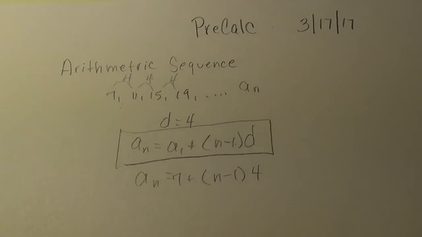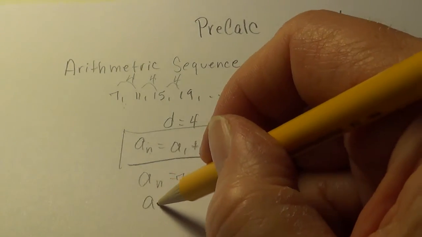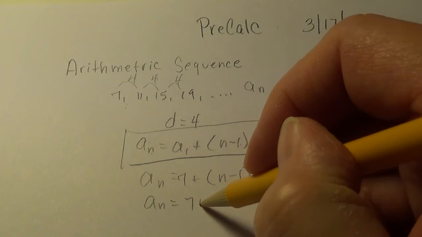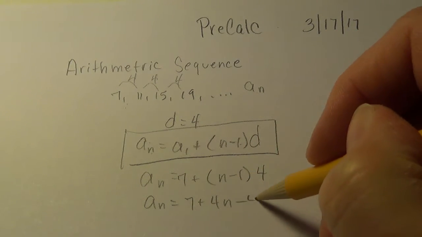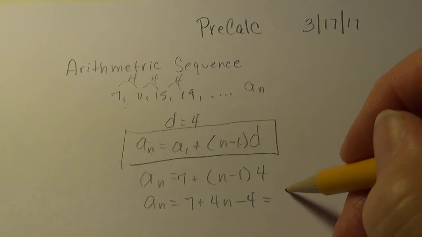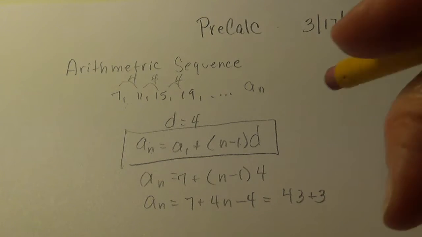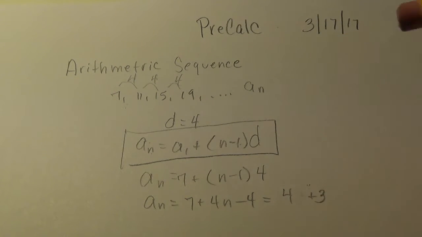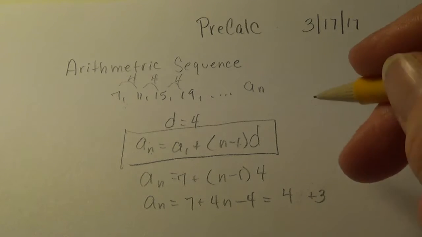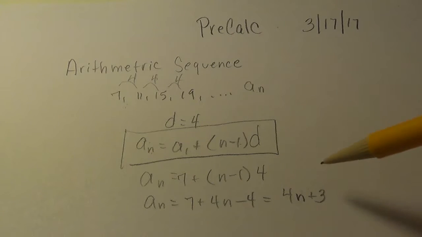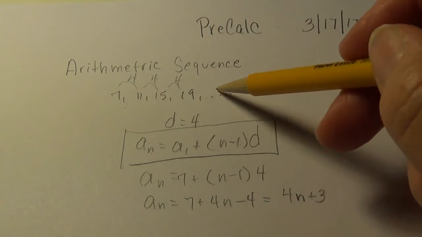So if I work that out, I get a sub n equals 7 plus 4n minus 4, or 4n plus 3. And where'd that 3 come from? Alright, 4n plus 3 is the generator for this sequence.